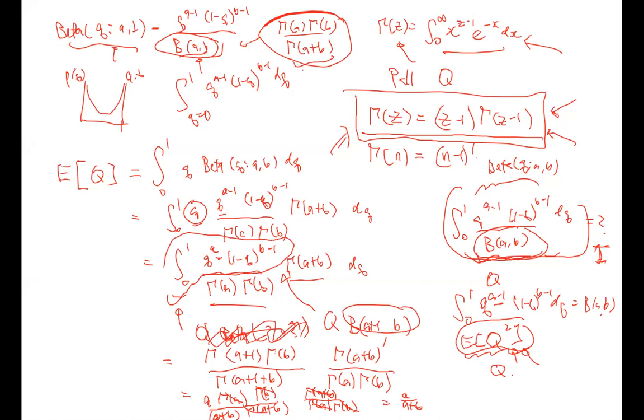So my expectation of Q squared should be the integral from 0 to 1 of Q squared times Q^(a-1)(1-Q)^(b-1) over B(a,b) dQ.